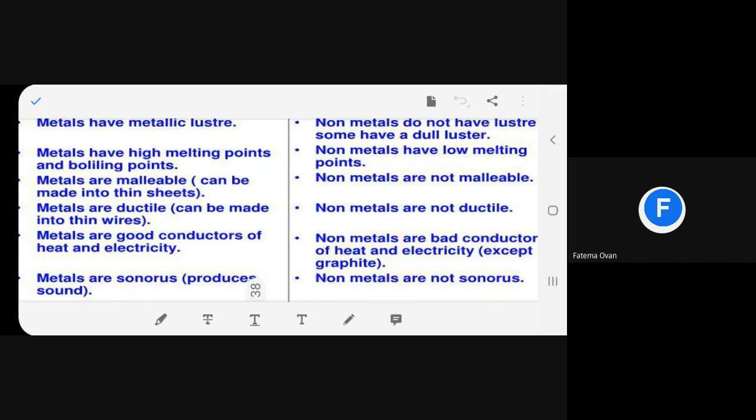Non-metals are not ductile. Metals are good conductors of heat and electricity. Non-metals are bad conductors of heat and electricity. There is one exception case. What is that? Graphite. Remember I told you yesterday? Graphite is a non-metal which is a good conductor of electricity. Metals are sonorous, that is, when you hit them, they produce sound. And non-metals are not sonorous.